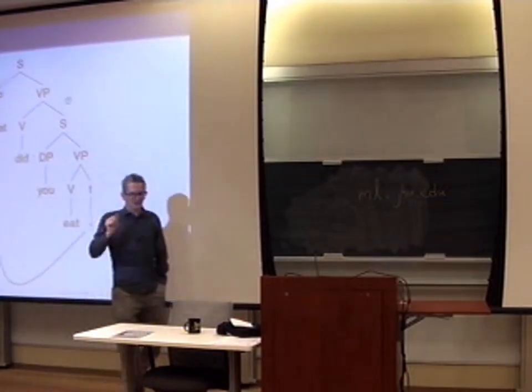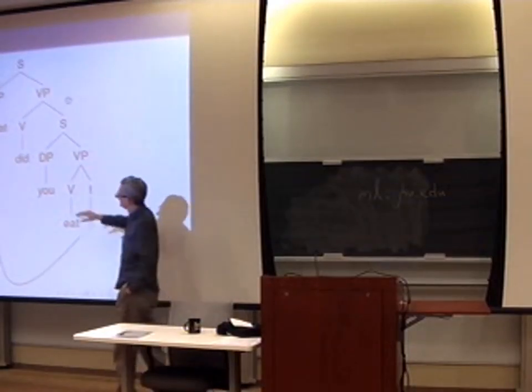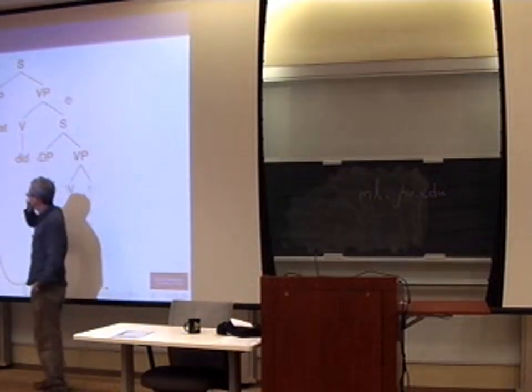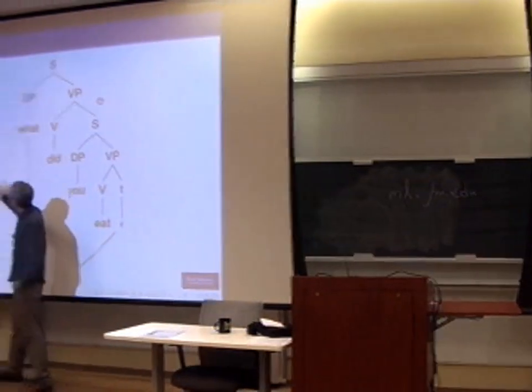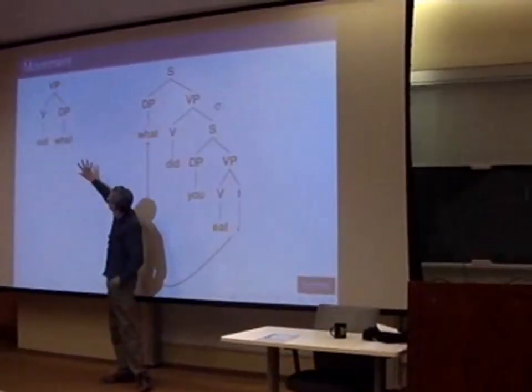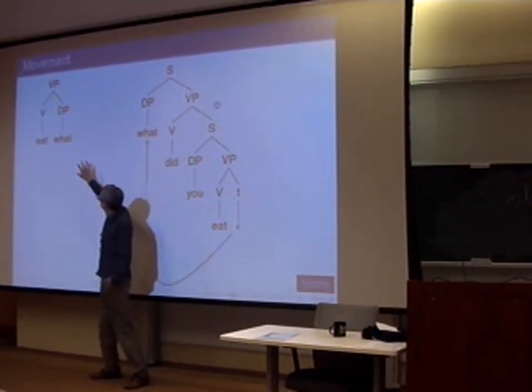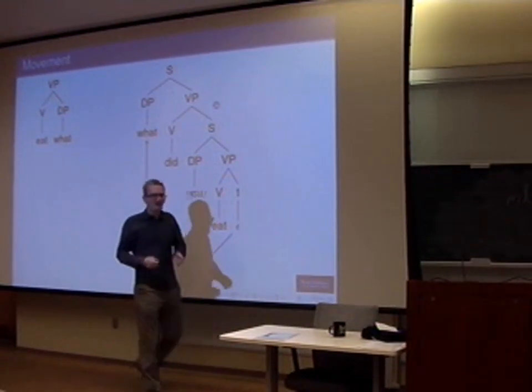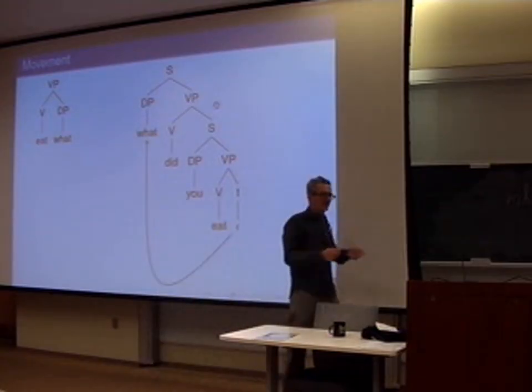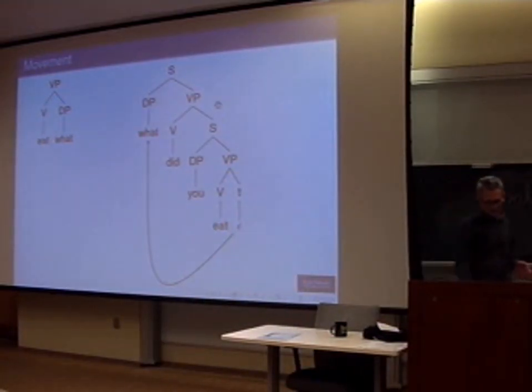Apologies if there are any real linguists here, because it's a bit of a Frankenstein's monster here, mixing several different notations. So what we're thinking really here is that we have some substring, a point in the construction here where we have eat and what, and this is going to be mapped into a discontinuous string in the surface.